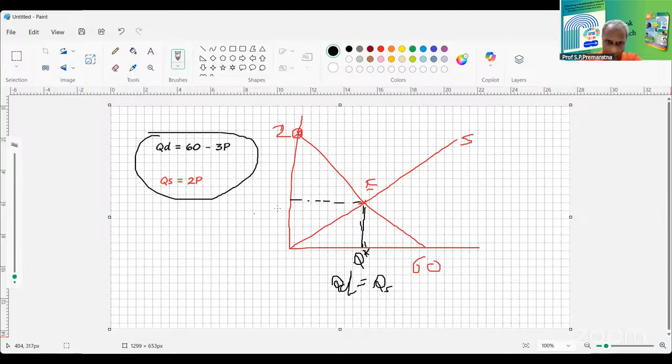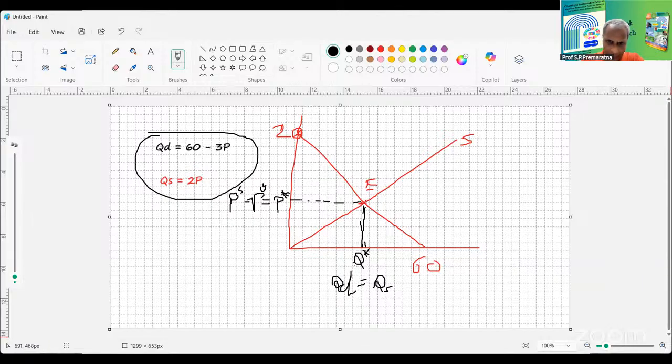Another thing is the equilibrium price, the market clearing price, for which we usually use P star. Another thing also happens: the supplier's price equals the buyer's price. That happens at that point. At any other point, this does not happen.